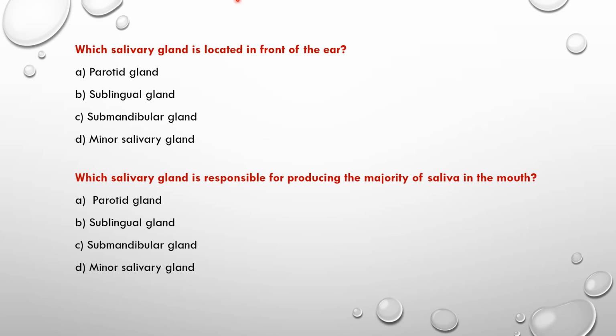Parotid, sublingual, submandibular. Okay, the parotid gland produces about 25%, while the sublingual gland produces about 5%, while the submandibular salivary gland produces about 70% of the salivary volume. So, the submandibular gland is the major salivary gland responsible for production of the majority of the saliva.